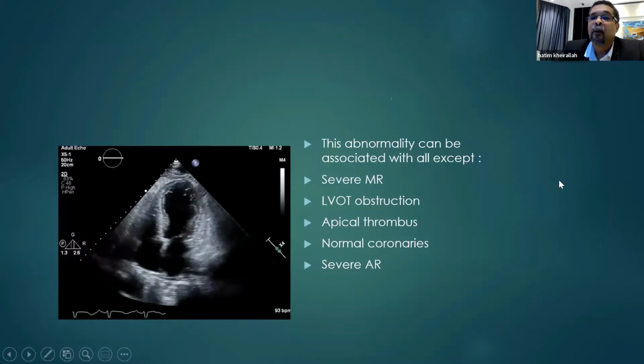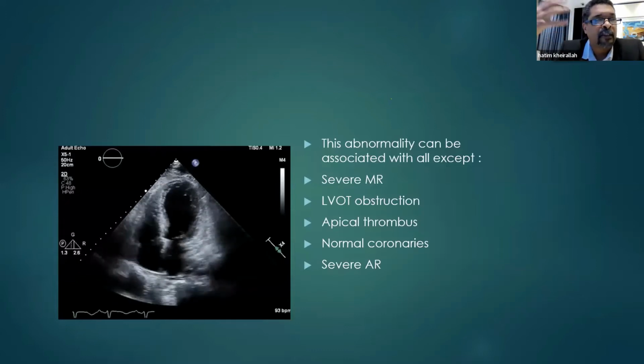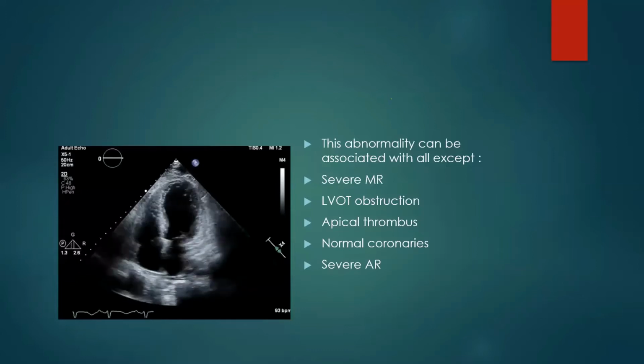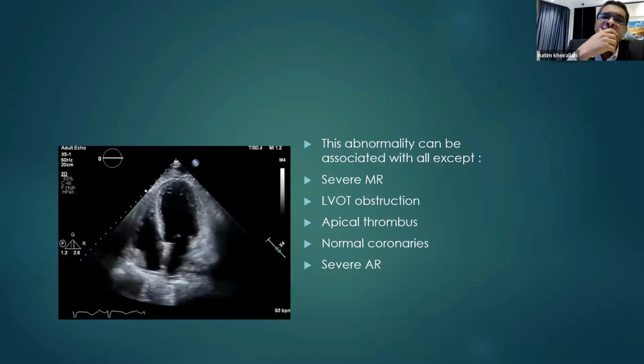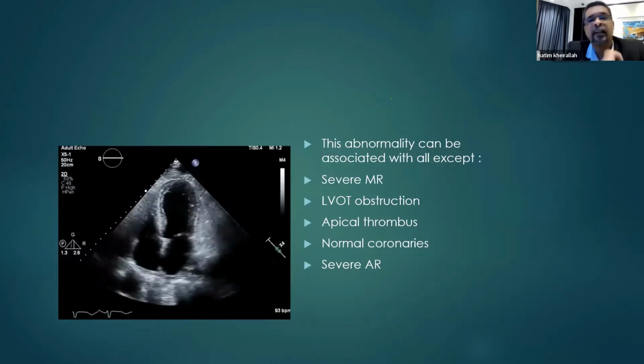So, what do you think this echo shows? It might be infarction, right? It might be anterior. Yes. Eccentric hypertrophy. It's very difficult to tell.